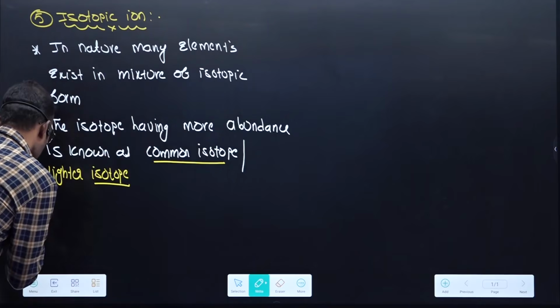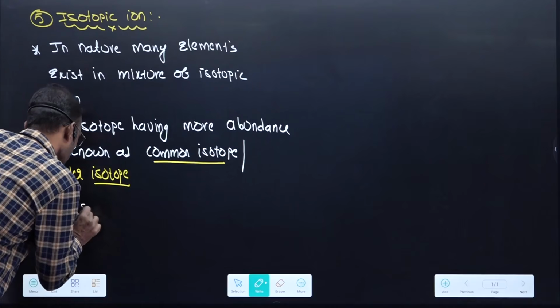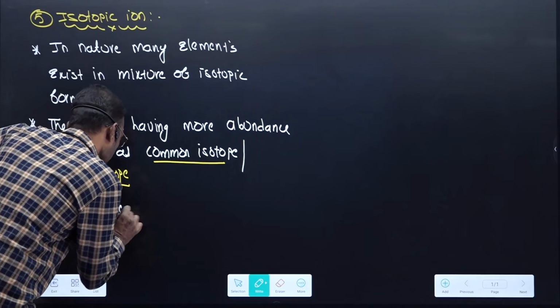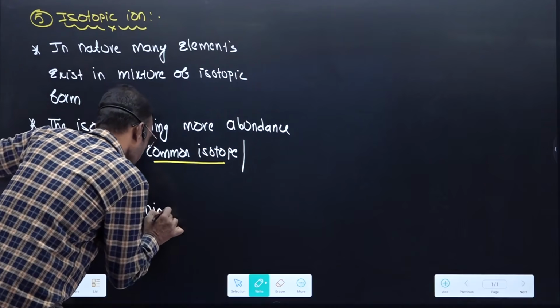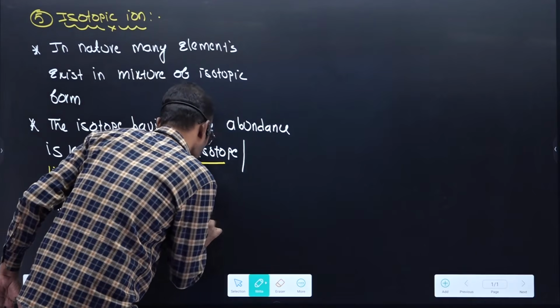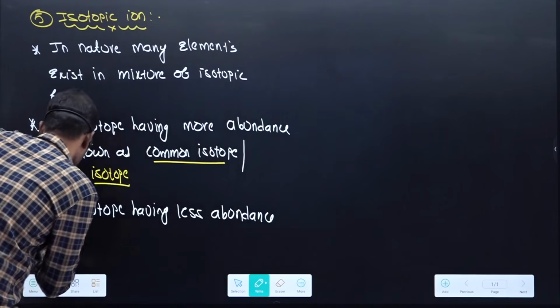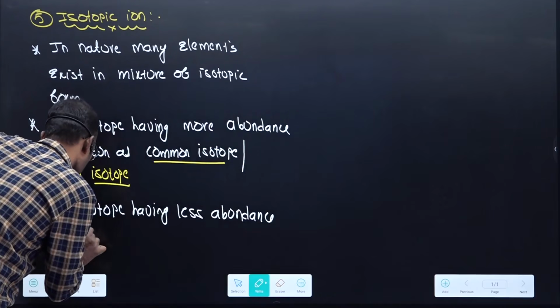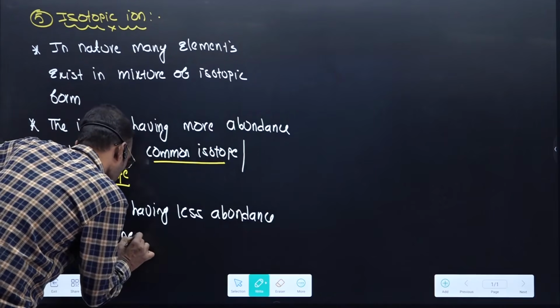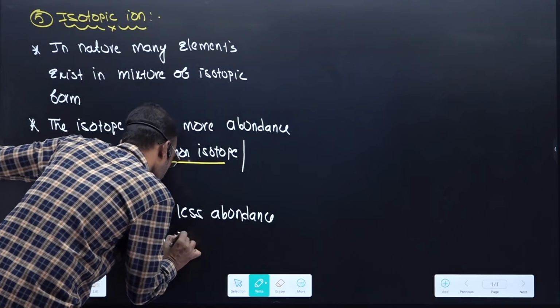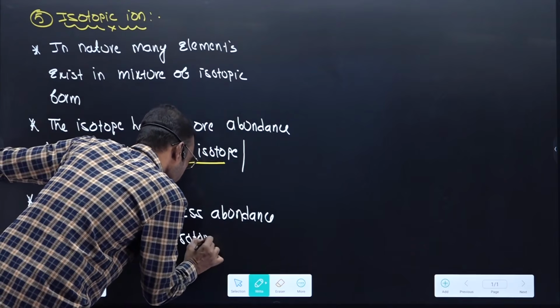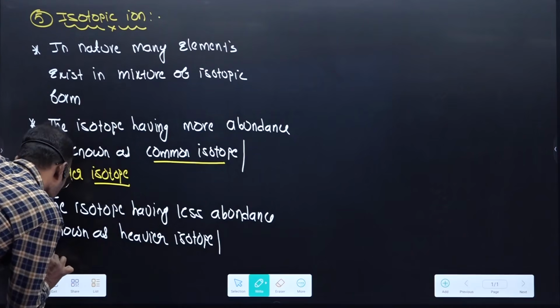Then one more: the isotope having less abundance is generally known as the heavier isotope. This is also called the uncommon isotope.